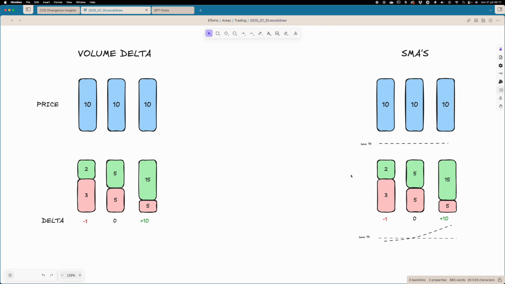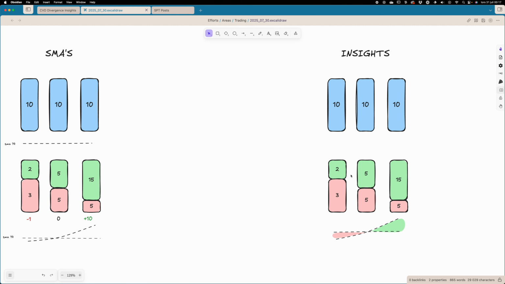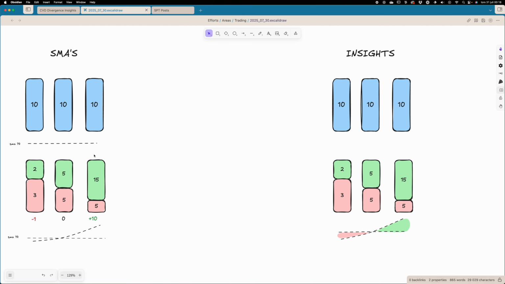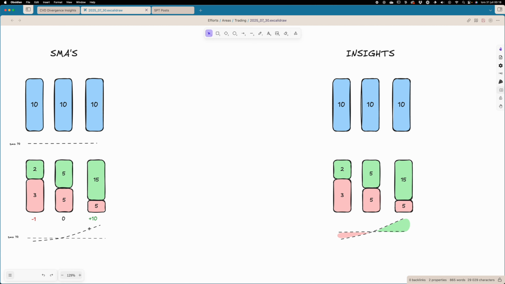And now the Insights Indicator comes into play, and we fill in the difference between this line and this line. So imagine if this line was here and this line was here, and then we fill in the difference between these two lines. So now we actually get the difference between the price action and the volume delta expended by the bulls and bears.